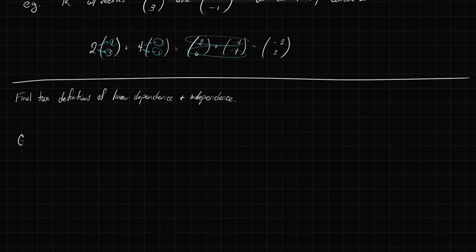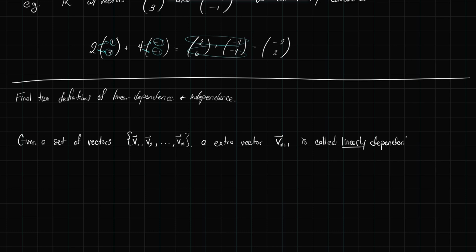We have that given a set of vectors, here's my set of v1, v2, dots, vn, and an extra vector, we'll just call it v n plus 1, is called linearly dependent to the set if it is formed as a linear combination of all others in the set.